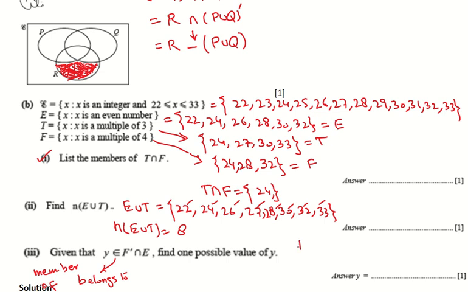First we find the value of F complement intersection E. To find it, we interchange these two: E intersection F complement.